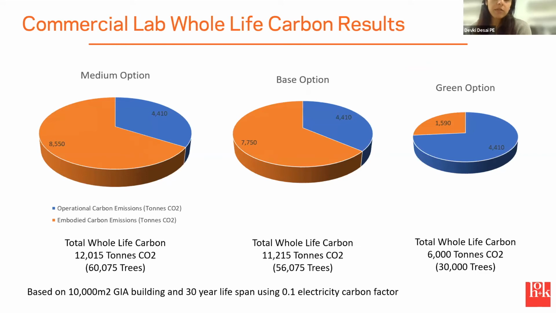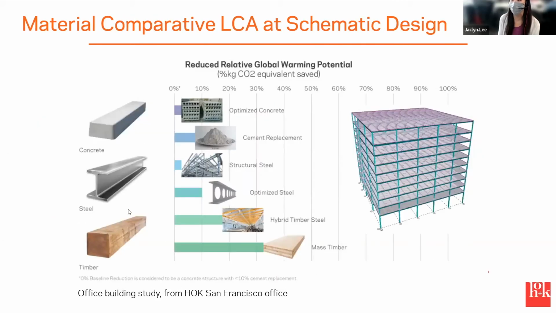This is just a visual comparison of the carbon footprint, or I try not to use the term carbon footprint, the total carbon of each scheme. So we looked at a study in the schematic design really early of an office building in San Francisco, seeing how the material changes against similar, kind of what Dave Key presented on her net zero project, but this was just for an office building.